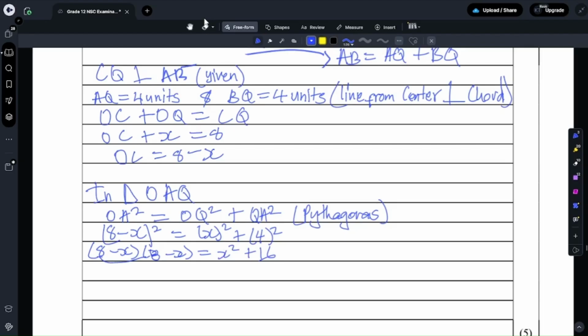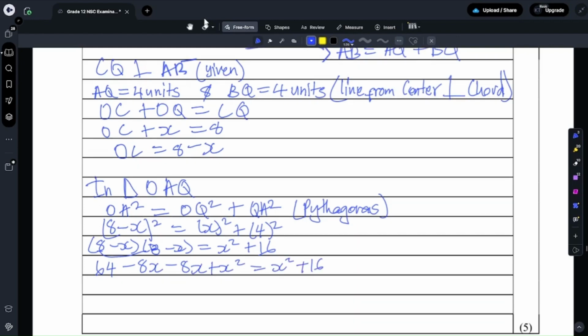First terms, 8 times 8 is 64. Then 8, your first term, times your last term in the second bracket is minus 8x, then another minus 8x plus x squared is equal to x squared plus 16.